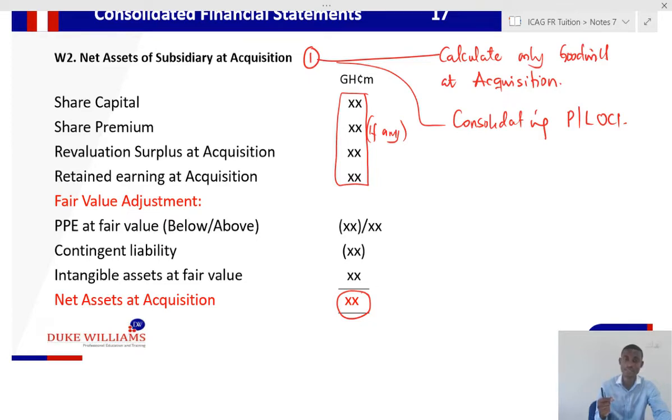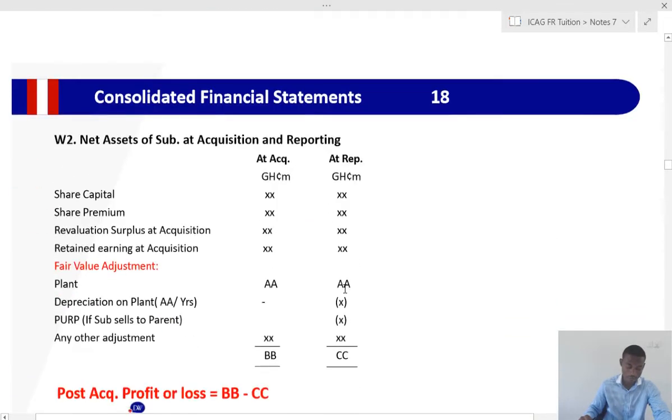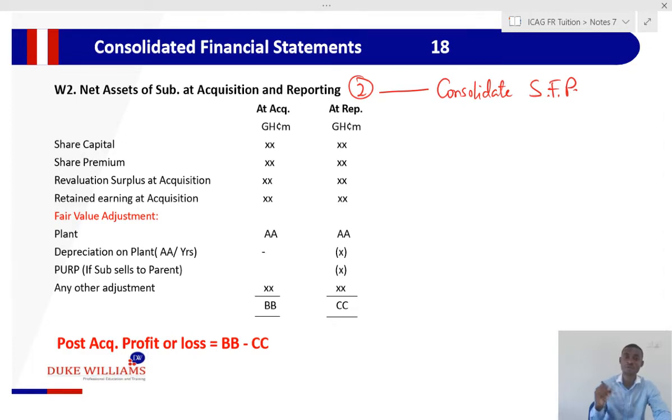Now, the other form of the pro forma, which is number 2, is needed where we are to consolidate the statement of financial position. Where we are consolidating the statement of financial position, there will be no requirement to calculate goodwill, but you have to know indirectly that you need a goodwill as you consolidate the financial position.